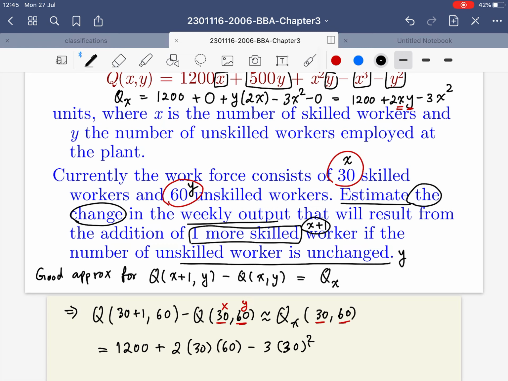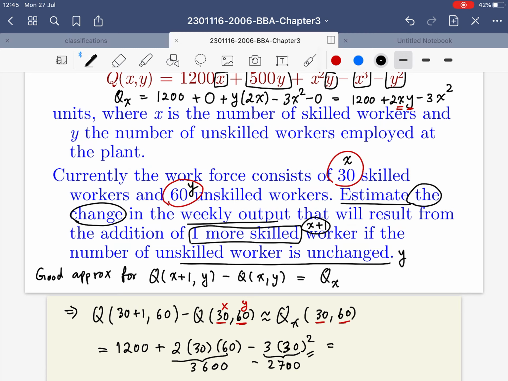If you want, this can be your final answer, but you may need to calculate a little bit. This one is 3600, and this one is 2700 with a negative sign.